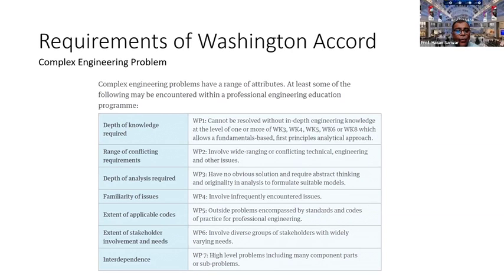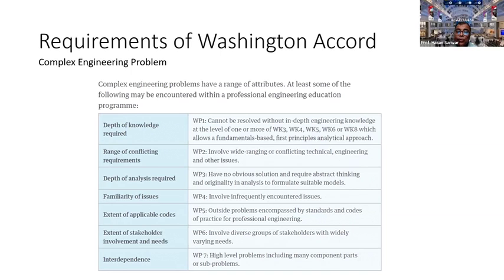Here, one requirement like depth of analysis required is very important. I believe that the problems the students are targeting to solve should have no obvious solution and require abstract thinking and originality in analysis to formulate suitable models. So this is important, that this is a unique problem. There should be some uniqueness, for which a student has to explore and investigate.